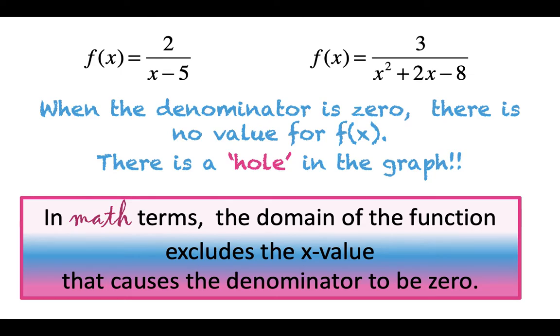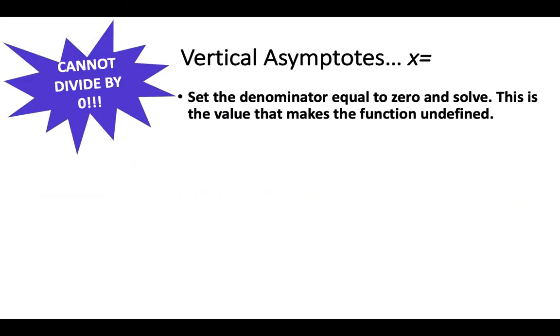As it says in the box on the bottom, the hole in the graph is described by the asymptote. That's what the asymptote identifies for us. And in math terms, it means that the domain of the function excludes the x value that causes the denominator to be 0 at the particular value of that asymptote.